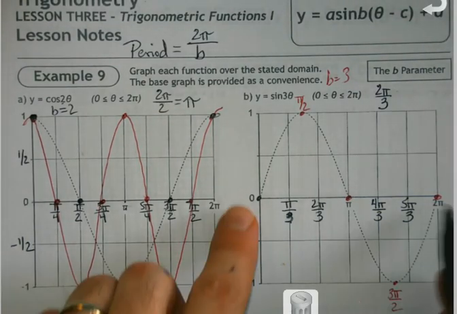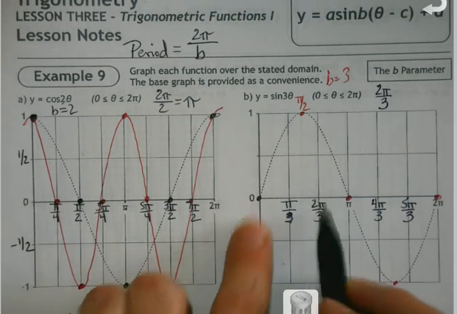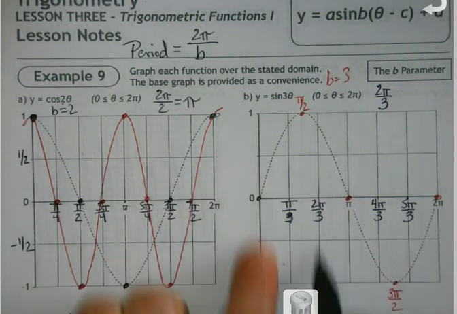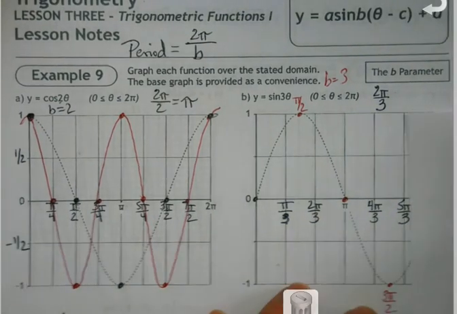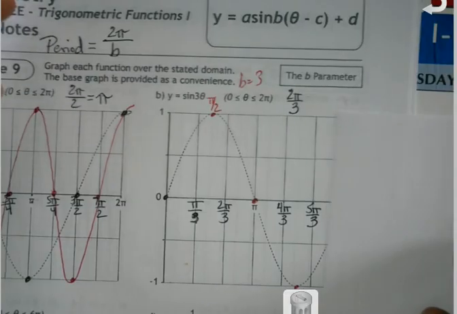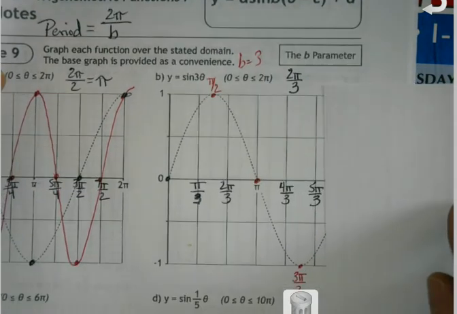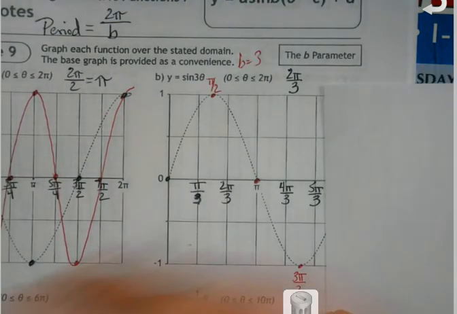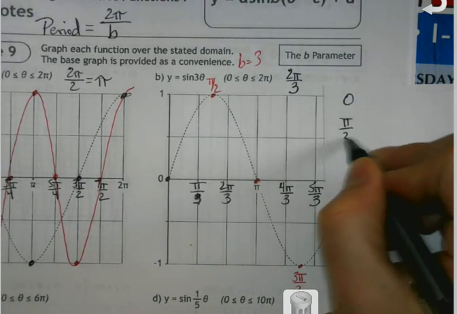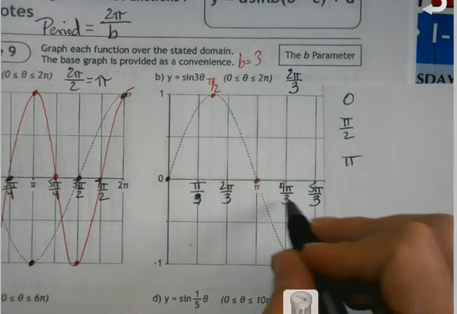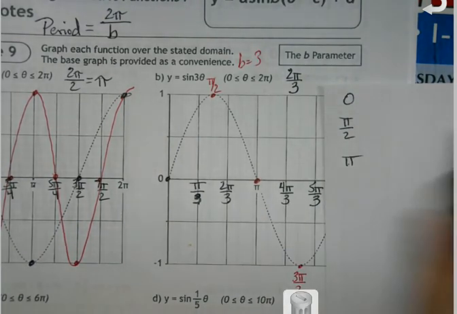It means this whole graph is going to get squished into this little area. Not a big deal. Trust me, it's not a big deal, because I'm going to do it the slick way this time. Notice my same points are still there. They didn't change just because these values turned into divide by 3.